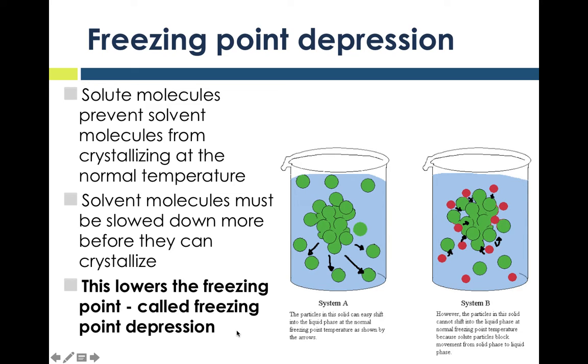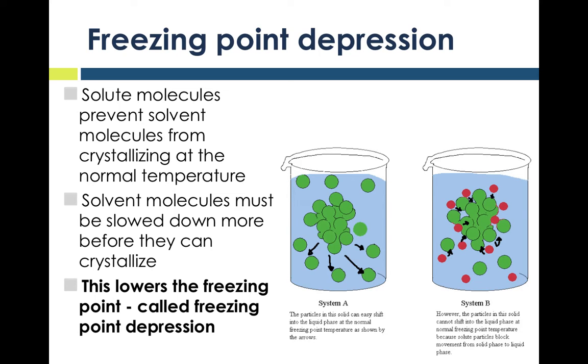and we call that freezing point depression. In places where it snows very regularly, there is a concern that because of the snow, the roads are going to freeze over, and driving on ice is very dangerous. So what the road crews will do early every morning is they'll sprinkle salt on the roads, so that the salt will mix with the water that's in the ice, and it'll lower the freezing point of water, which means that the water will stay as a liquid instead of turning into solid black ice.